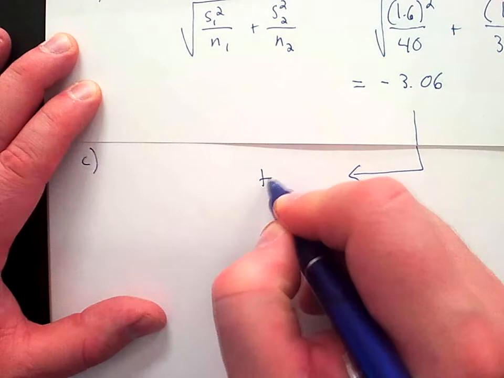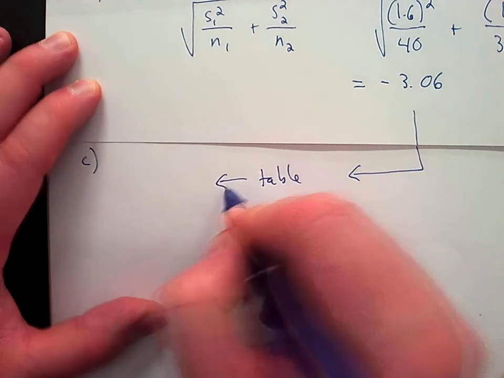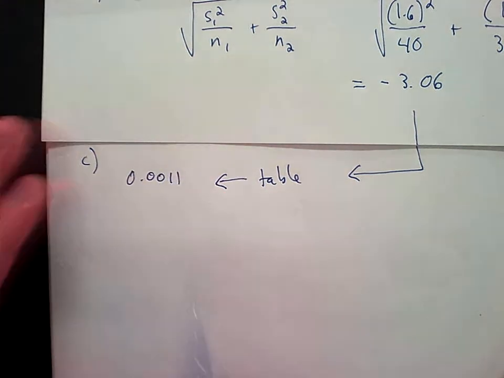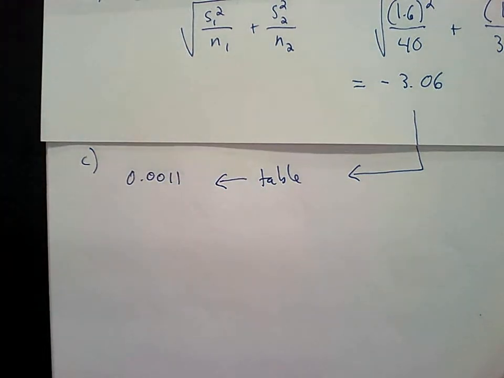Take this to the table. If you take it to the table, what's the percentage that you get? Everybody good with how to find 0.0011? Like the z, negative 3.06. If you look up that z value on the table, you should get 0.0011. Everybody good with that? Alright.